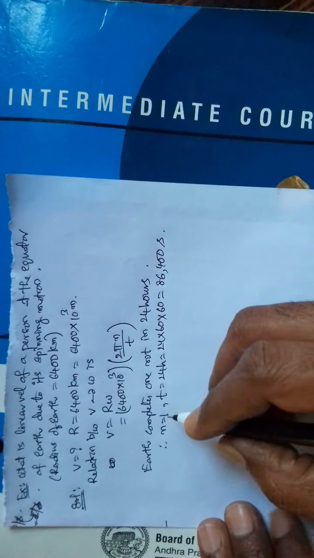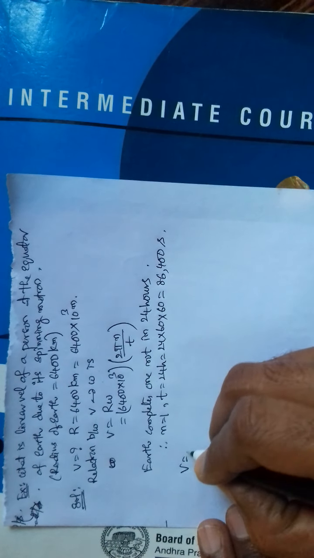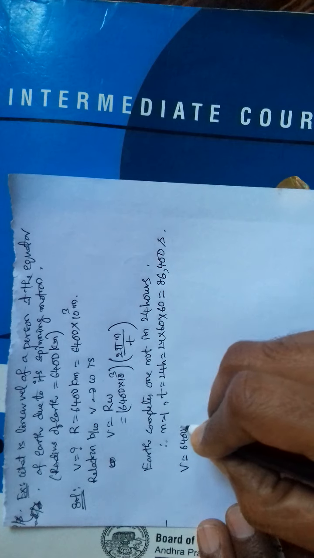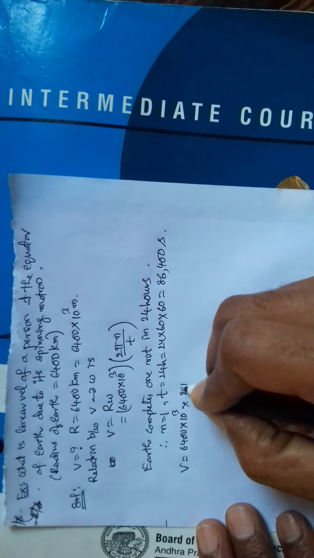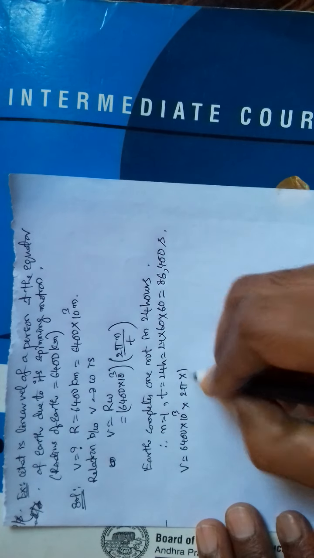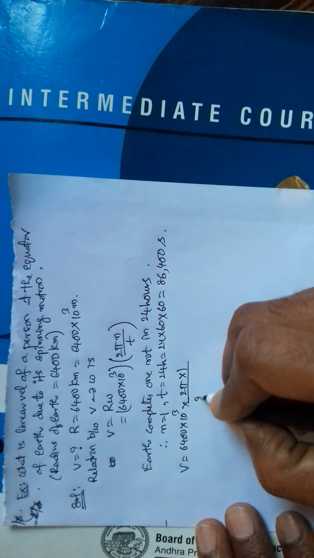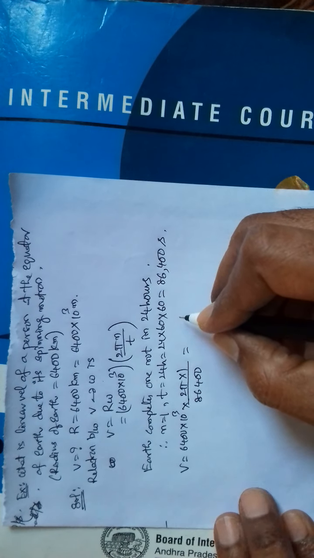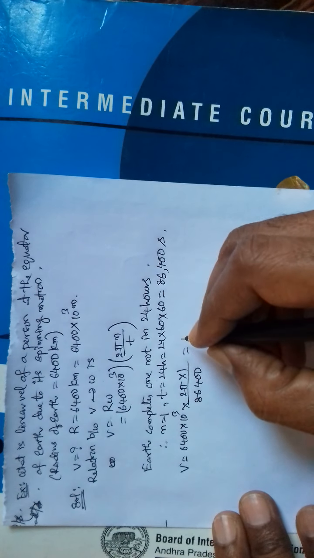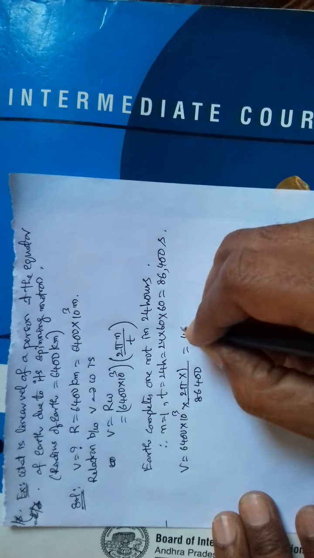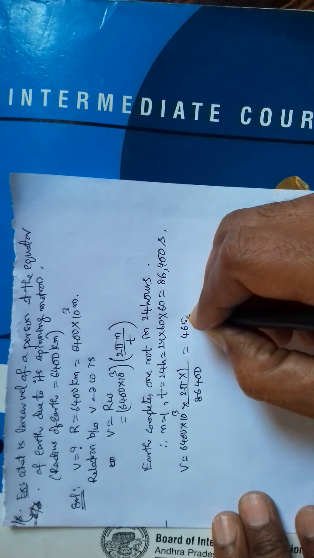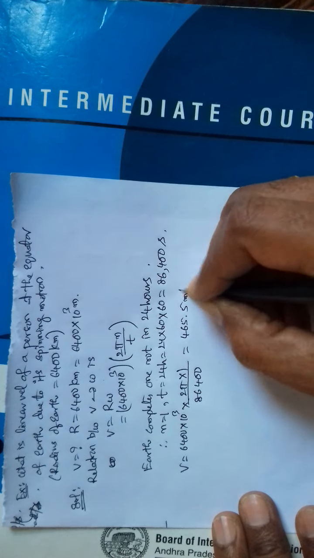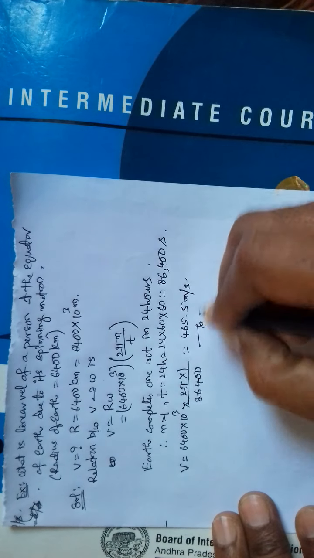Substituting these values here, two pi into n value 1 by t value, so that we get v value 465.5 meter per second.